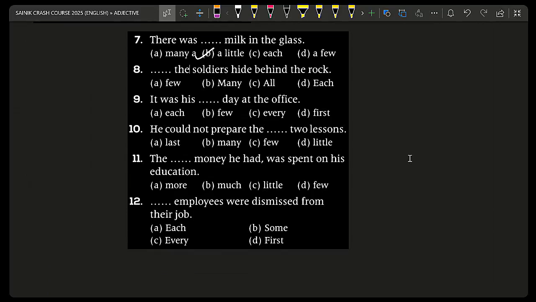Each. Will you say each the soldiers? Wrong answer. All. Yes, all is correct. All the soldiers hide behind the rock.